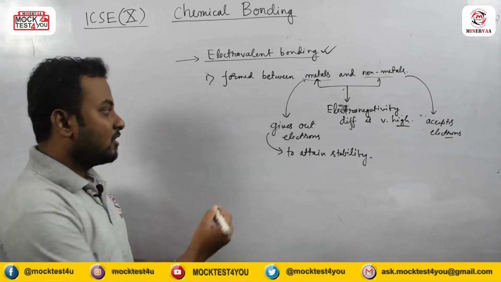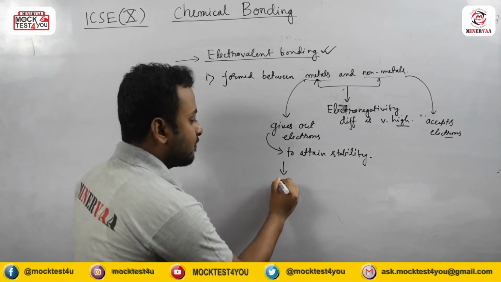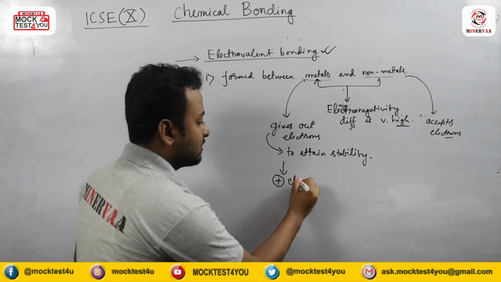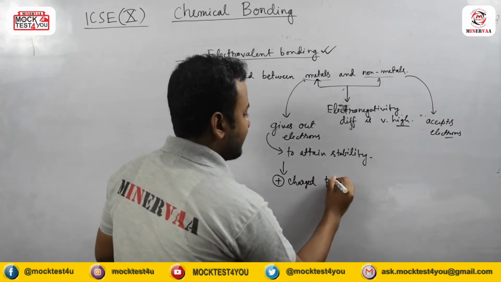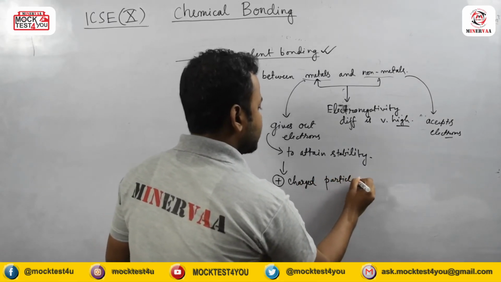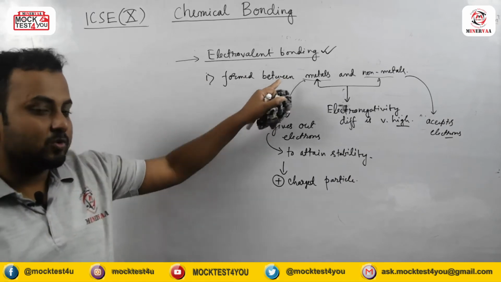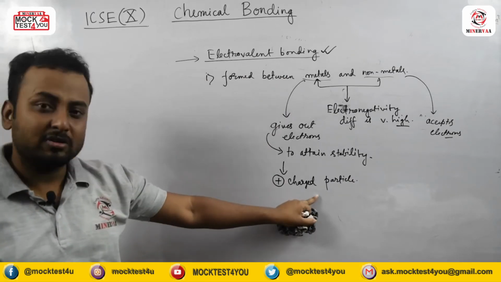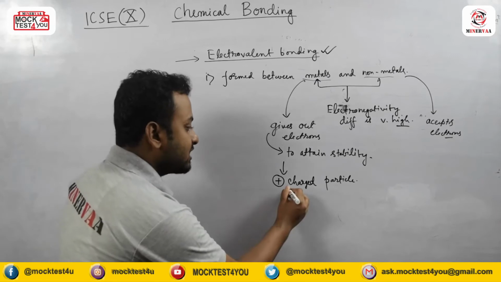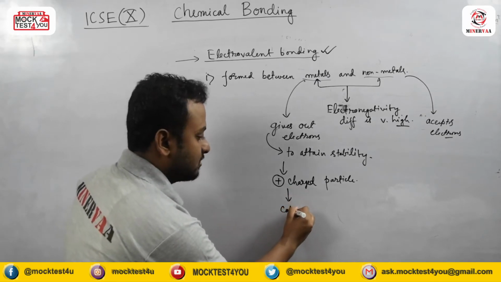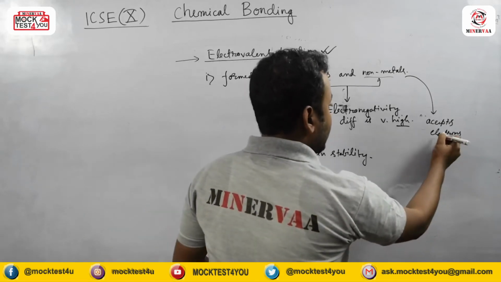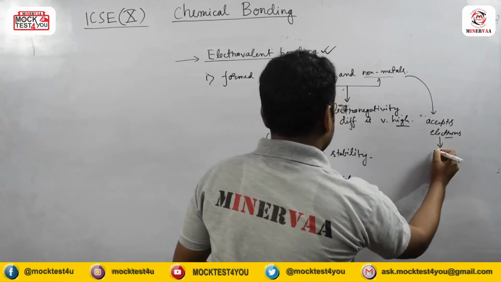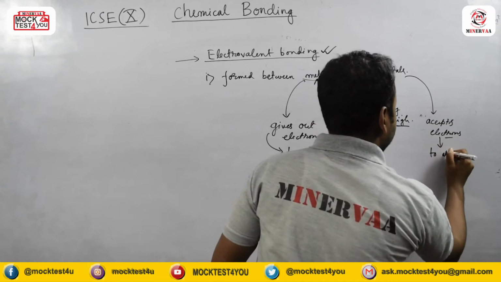When the metal is giving out electrons, negative charge is getting separated from the atom, so it will get a positive charge, becoming a positively charged particle. When a metal loses an electron, it becomes positively charged, and that positively charged species we call a cation. Why does the non-metal accept electrons? To attain stability.